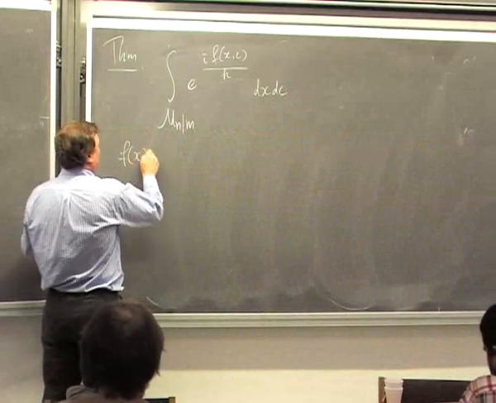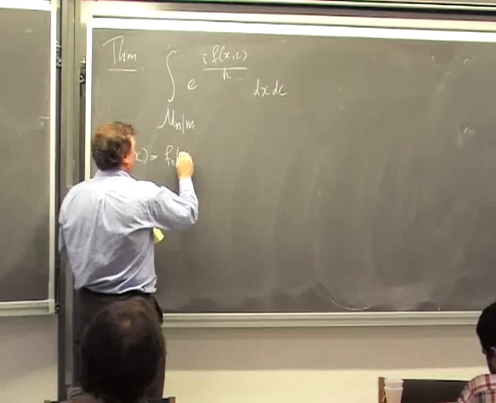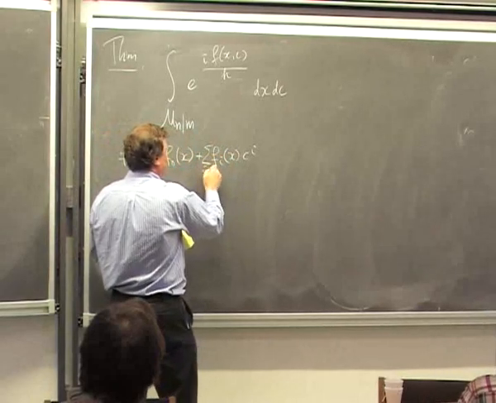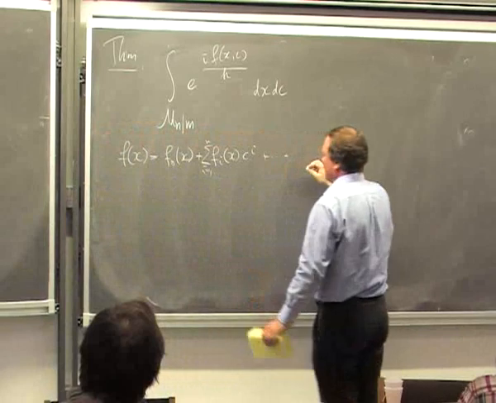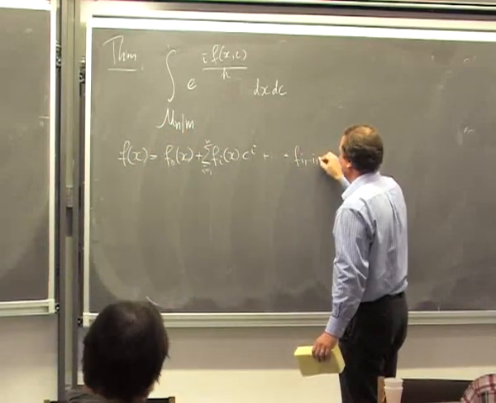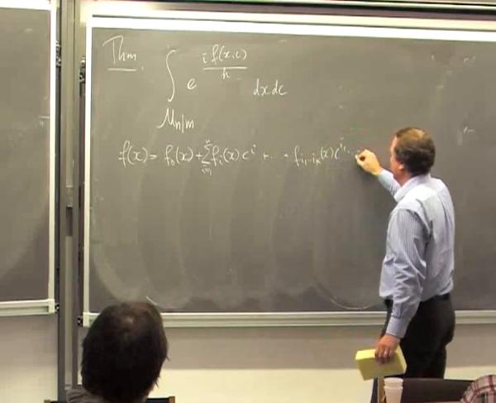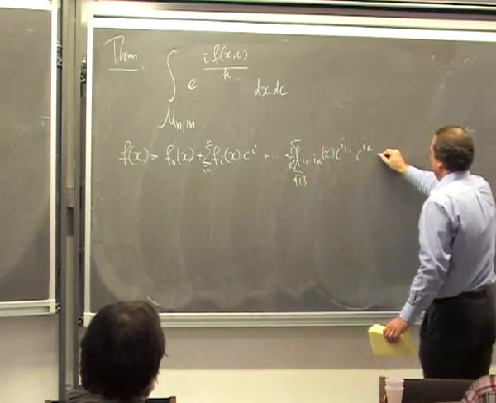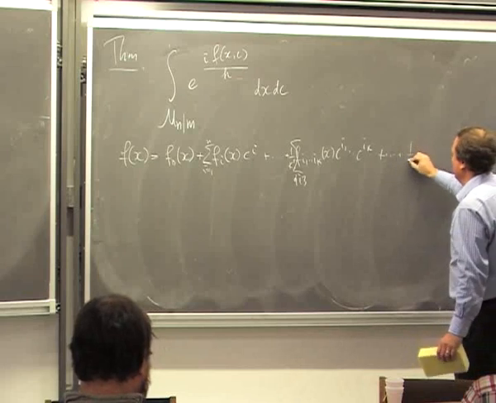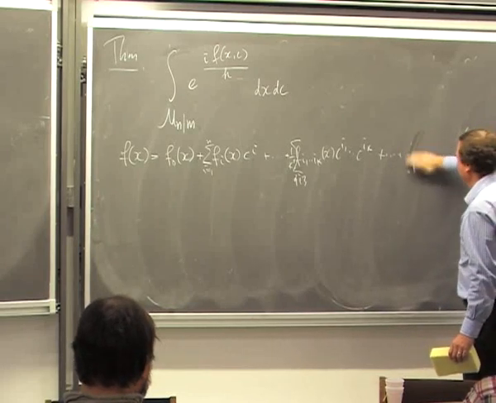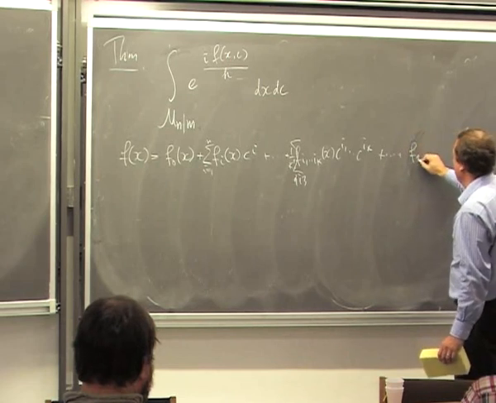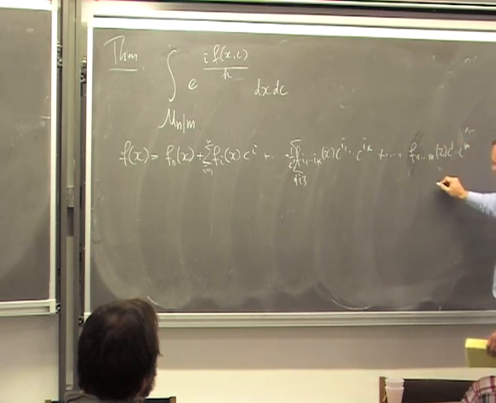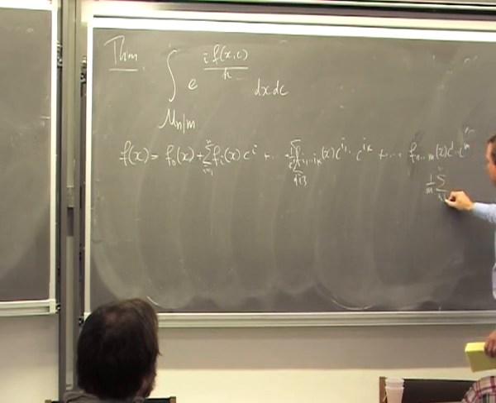Again, it's f_0(x) plus f_i(x) c_i plus and so on, so here we have f_{i_1...i_k}(x) c_{i_1}...c_{i_k}, and I'll put here 1 over k factorial, plus up to 1 over m factorial. So it's like this.